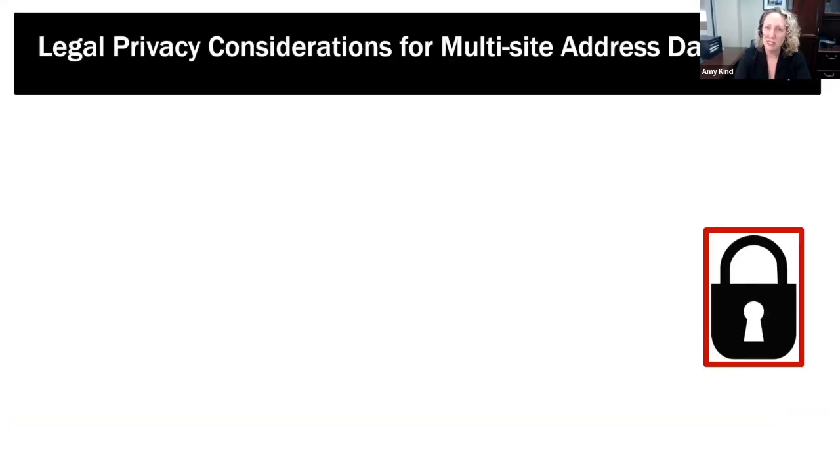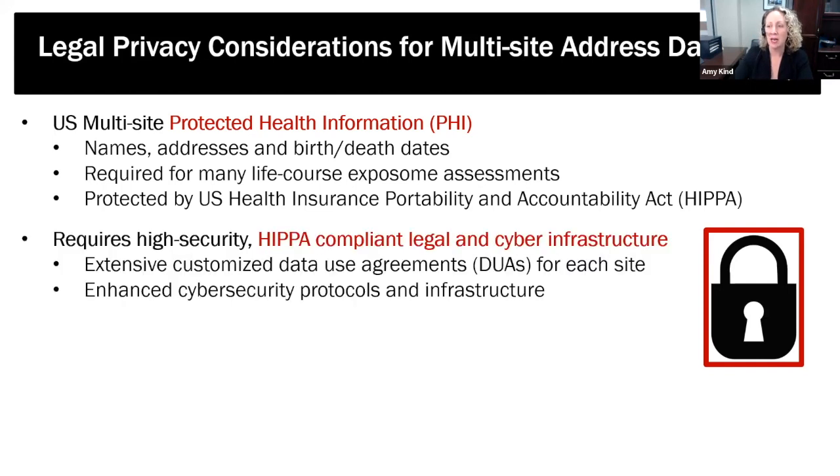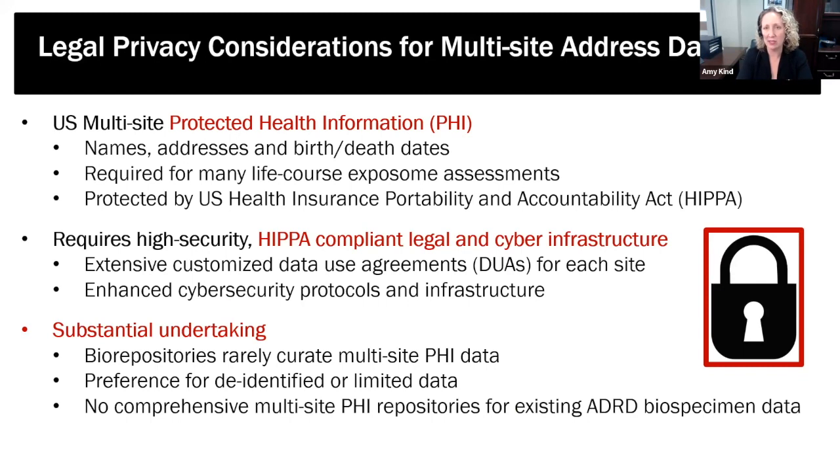There are legal privacy considerations with this type of infrastructure. This is part of the reason we're the only group in the country doing this right now. It requires us to bring in protected health information from across all of these sites. So we have customized data use agreements with each of the 23 sites that take into account not only national HIPAA law, but also state privacy laws.